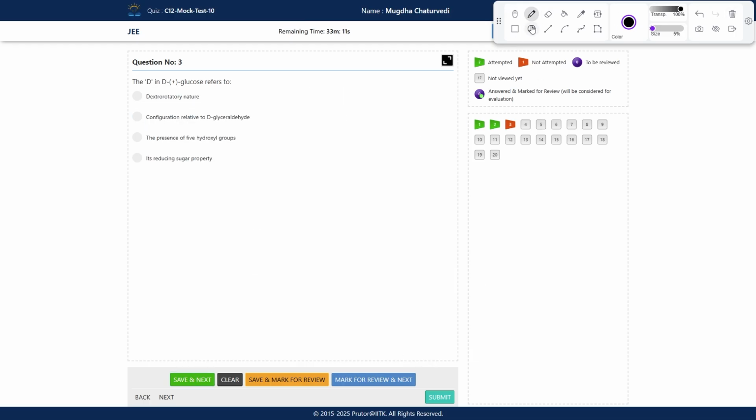The next question is asking what the D in D-glucose refers to. So if it is written like this, what does this D indicate? If we talk specifically about D configuration, then in D configuration, the OH group on the chiral carbon furthest from the aldehyde or ketone group is on the right side of the Fischer projection.